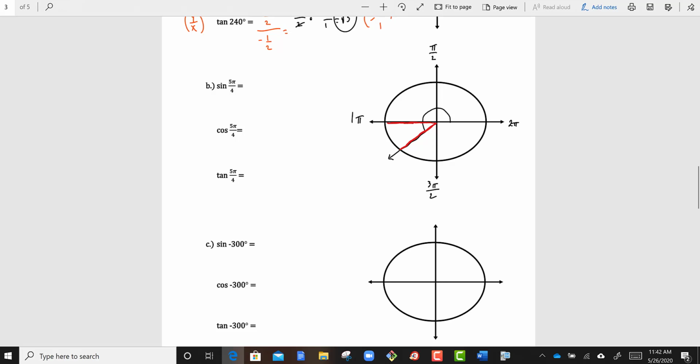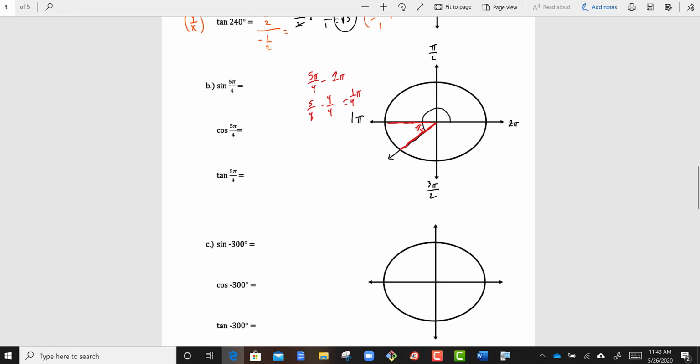And to get that, we can just take 1 pi and subtract it from 5/4. In other words, 5/4 minus... nope, not 5 over 5. How about 4 over 4? We need a common denominator. So that means our reference angle is pi over 4.